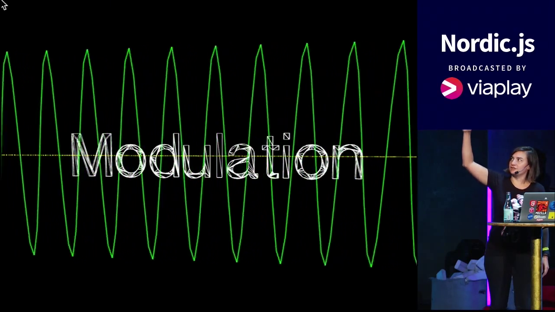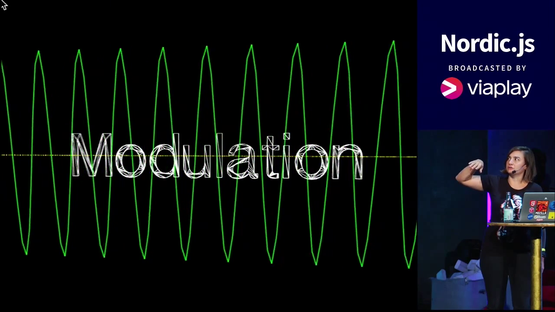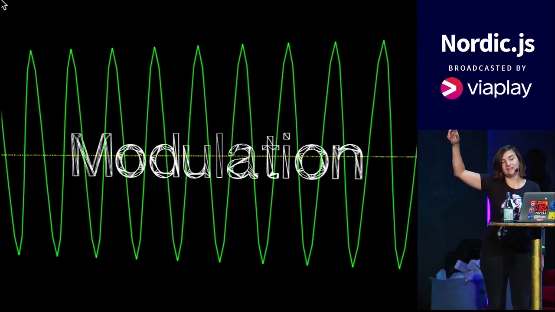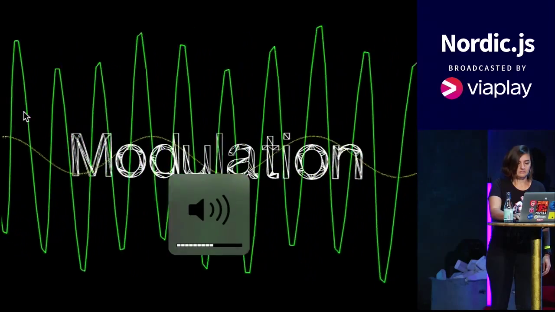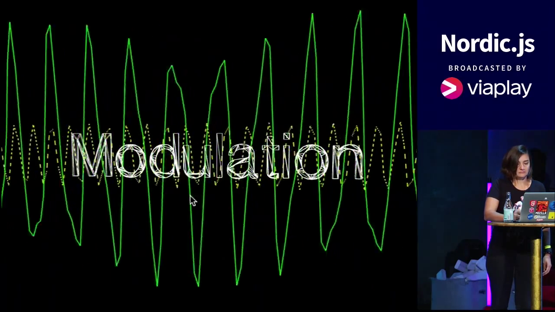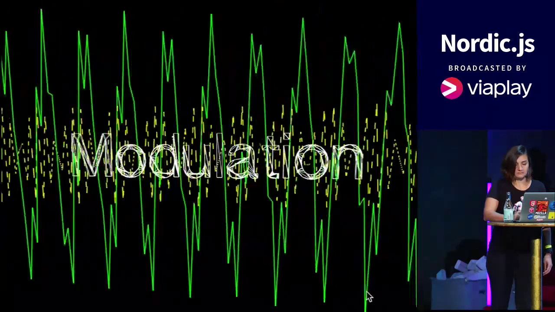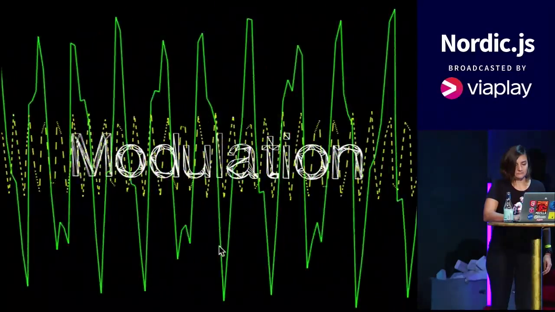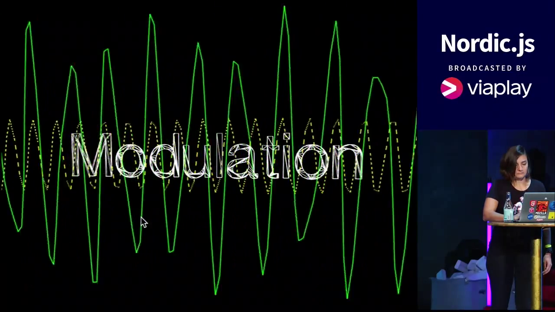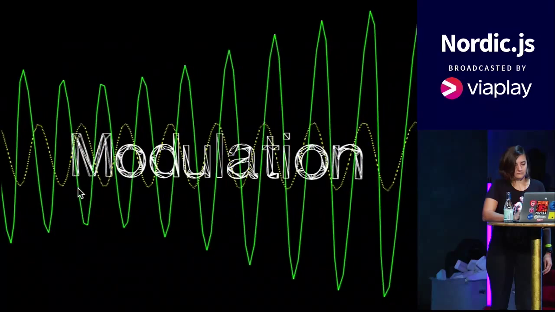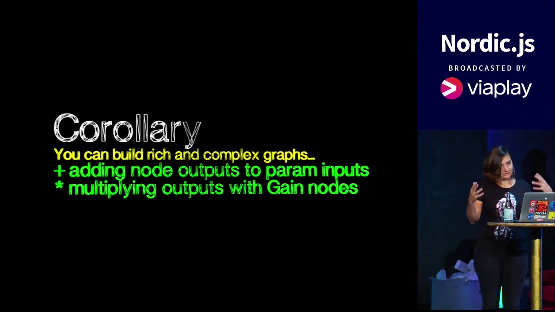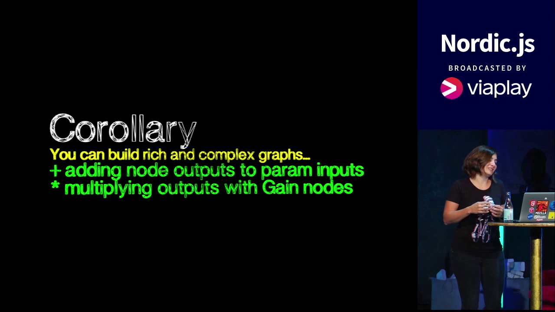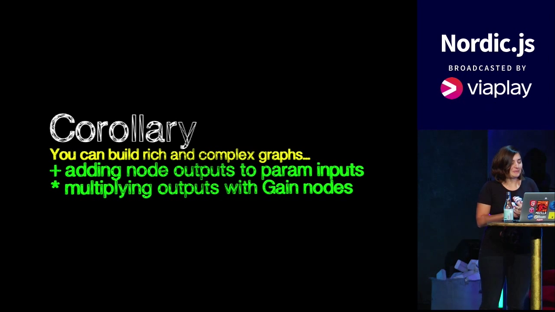And now, as I change X and Y, I can control the amount of modulation and the frequency of the modulation. So if you want to get interesting notes, you can play with modulation, I guess.